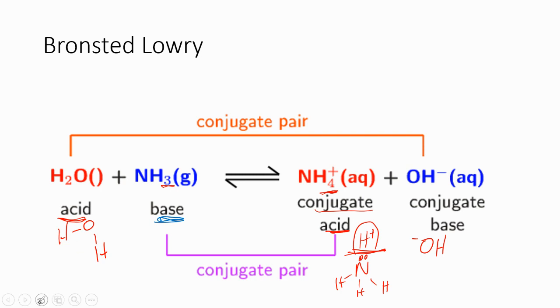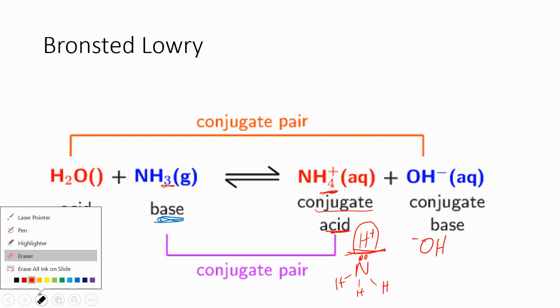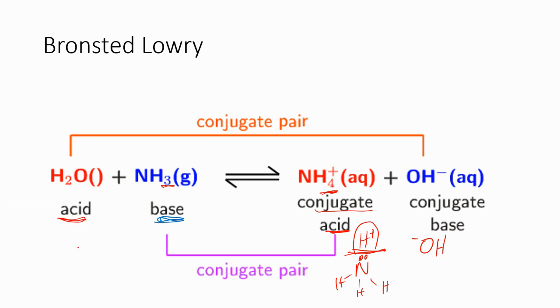So if I rewrite this like this, so H, right? So here's the hat here. And then it gave its hat to the ammonia. And now the ammonia has the hat and the water doesn't. So basically, that's the deal.